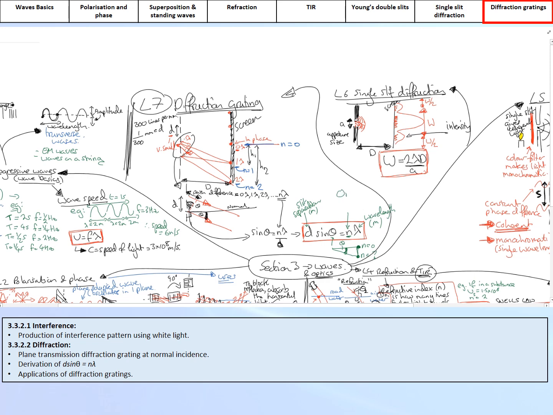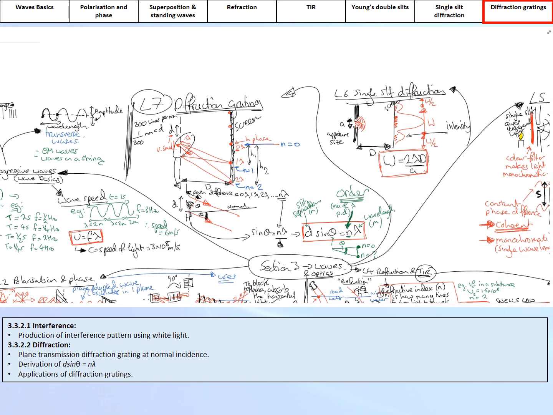And that is called the order. It's the number of wavelengths path difference that you have. Green, number of wavelengths, PD for path difference, because I'm lazy. There we go. And that's the diffraction grating.